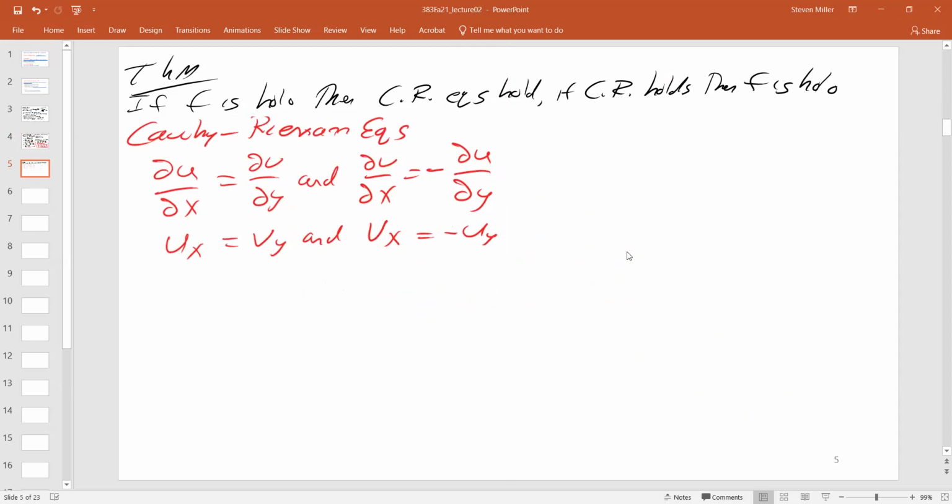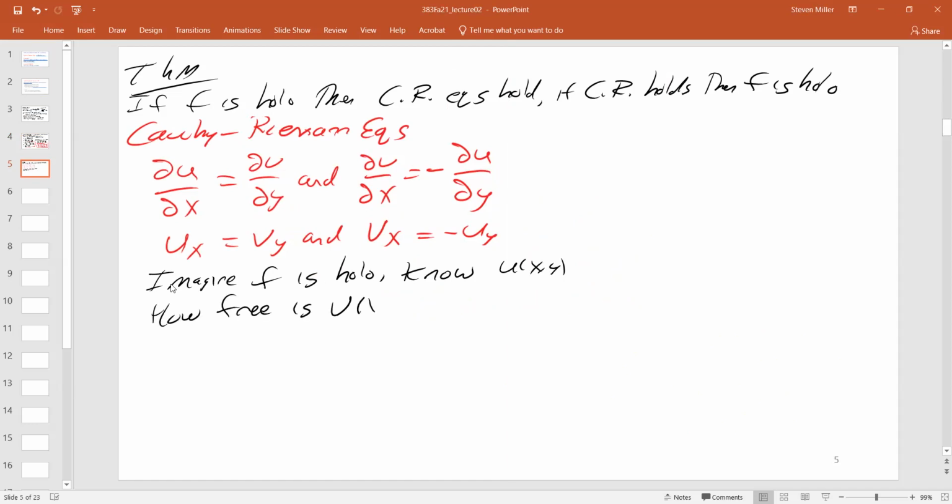So imagine f is holomorphic, and we know u of xy. How free is v of xy? Do you think there'll be more than one v that works? Or do you think v is now going to be determined? Yeah, it's basically determined up to constant.